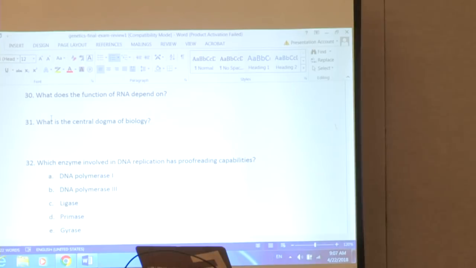Then primase is our primer laying enzyme, and it's going to lay down RNA primers to initiate the polymerization of our new strands. And this is required because what? Why do we need primase?